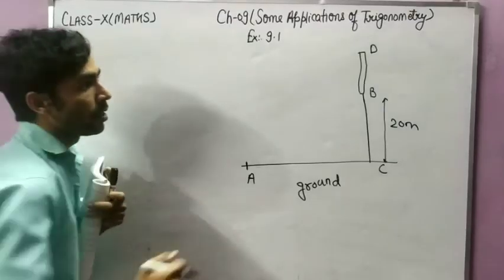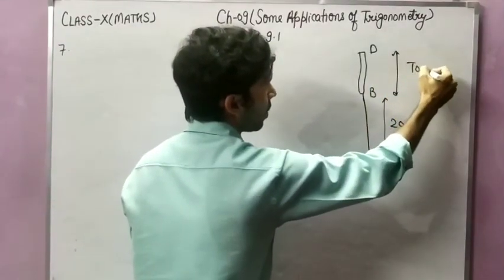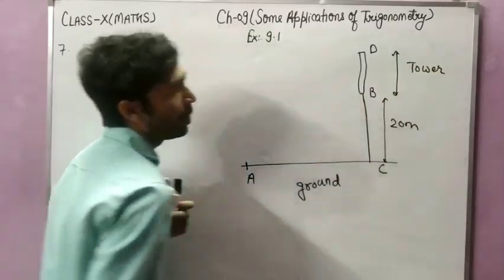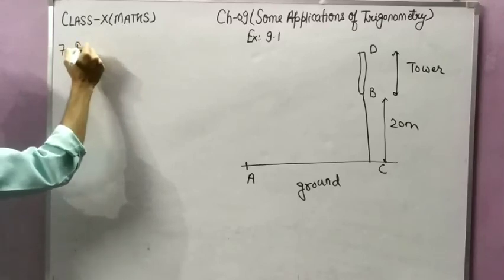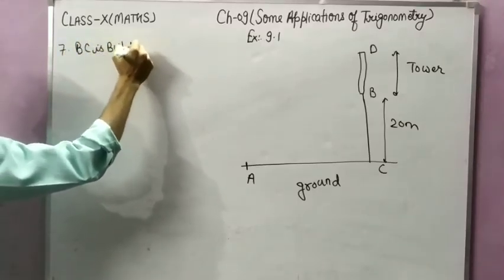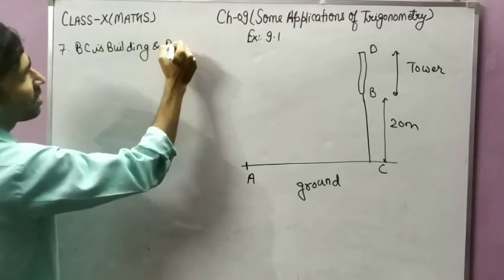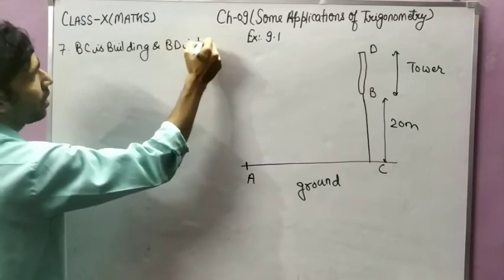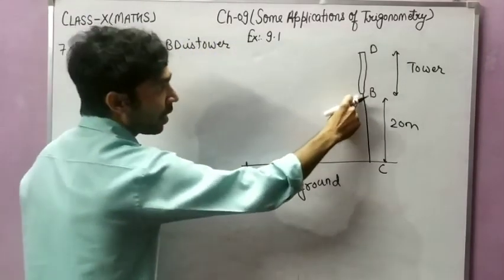Now see, the tower is BD and BC is the building. So we can write BC is building, and BD is tower.